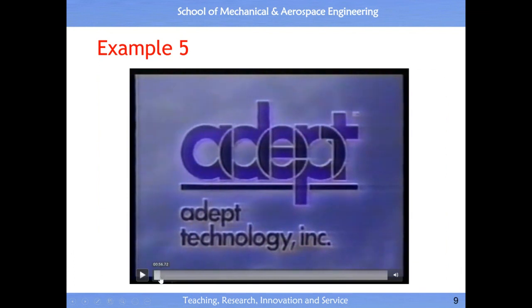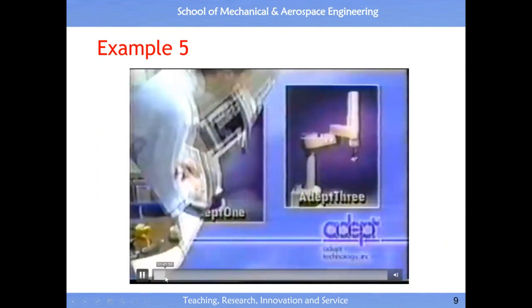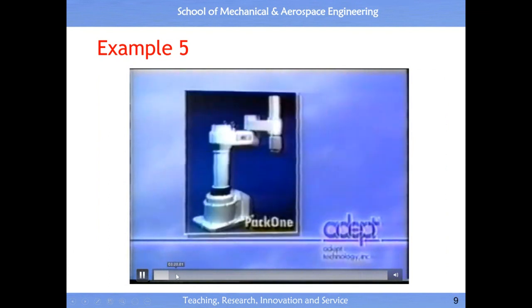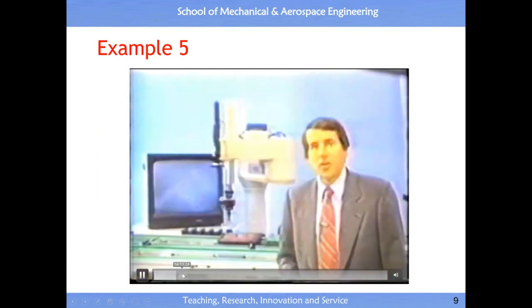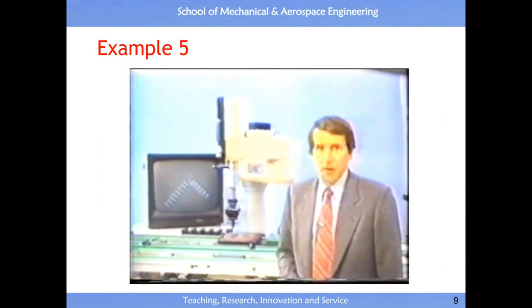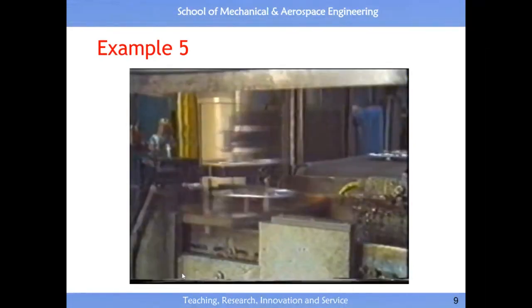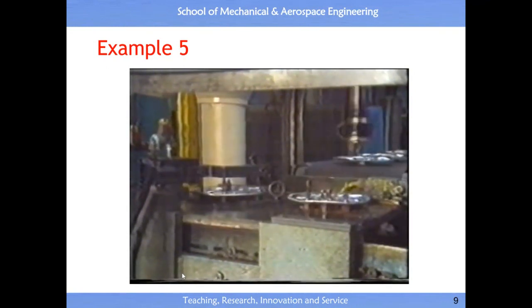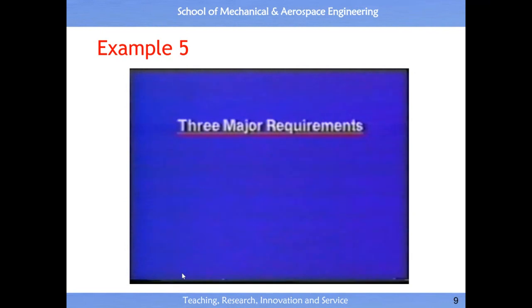Because the video is quite long, and I just quickly go through it. The Adept 1 and Adept 3 robots utilize pattern robots. In this presentation, we plan to show you that robot guidance vision is now practical and can benefit your robot installation. For truly flexible, efficient manufacturing, what should you look for in a robot guidance vision system? There are three major requirements.